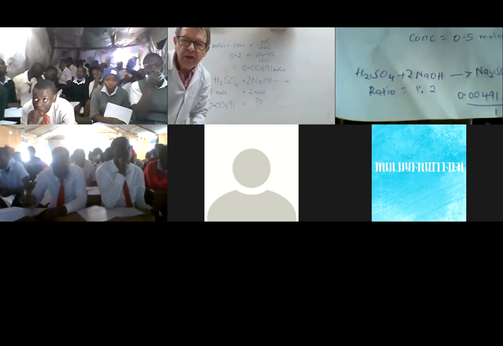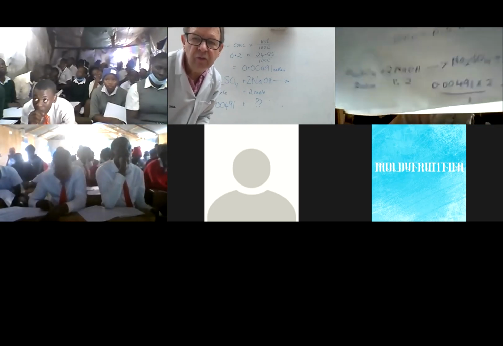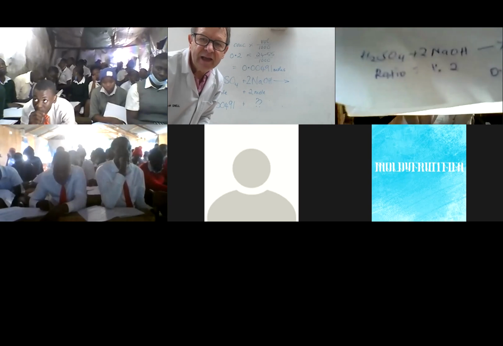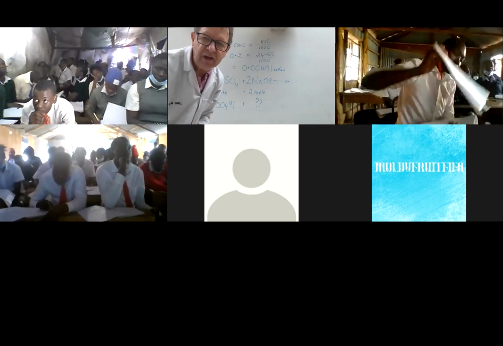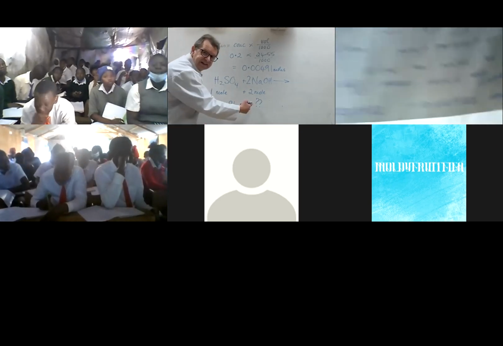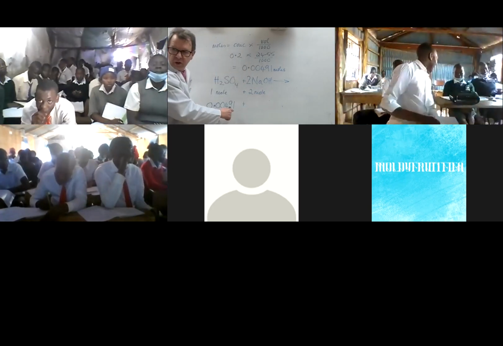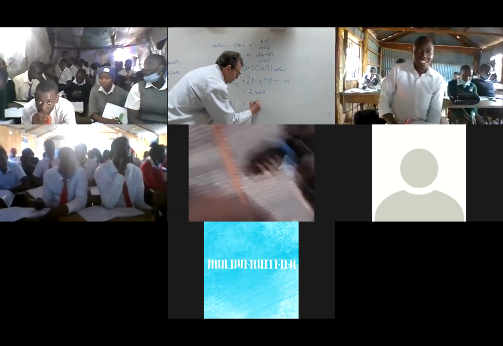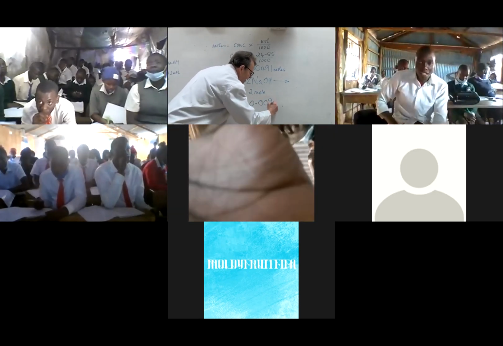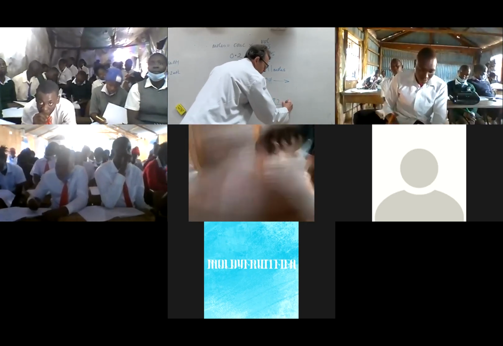It must be twice as much. Ratio 1 to 2. I can't see your answer. I can just see the calculation. I can't see the end of it. Yes. So this will be this times 2, which is 0.00982 moles.